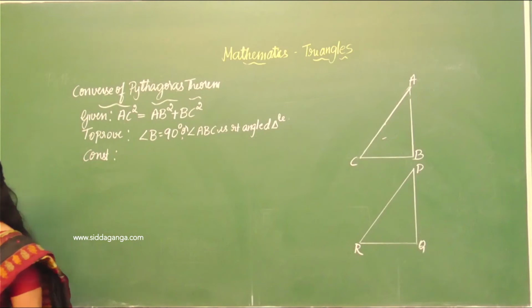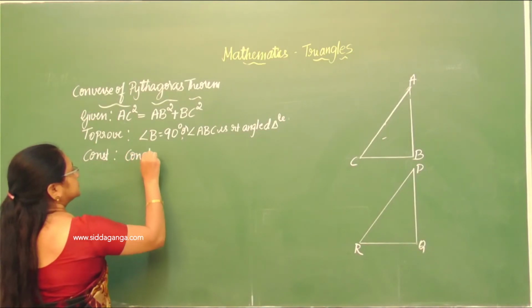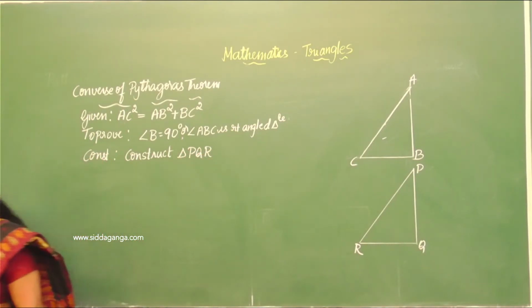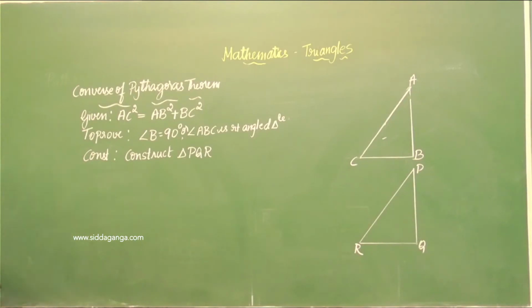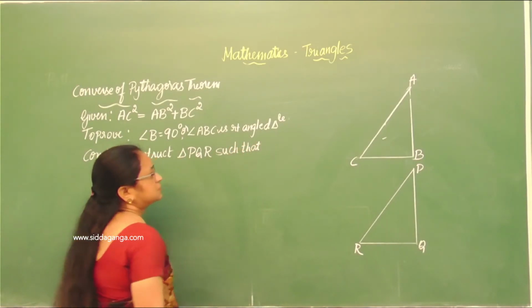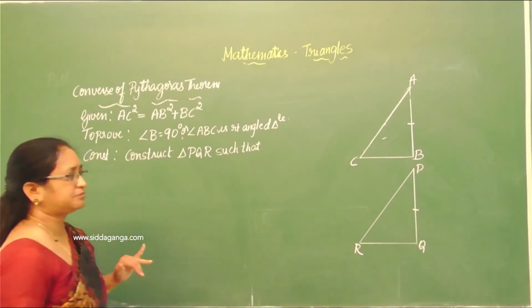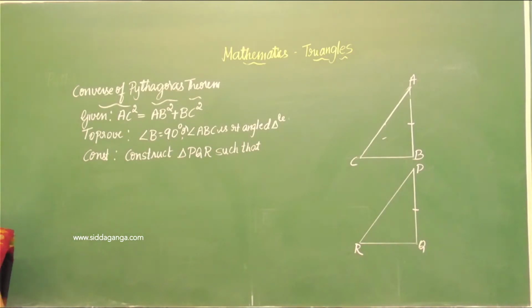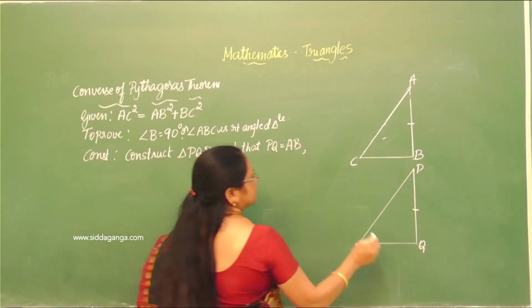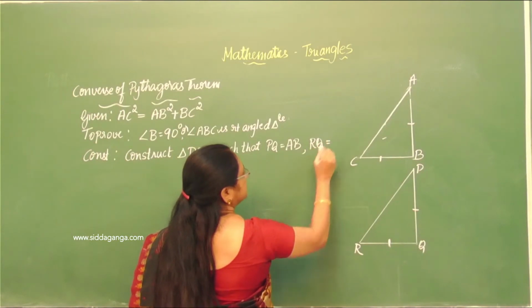So let me construct another triangle PQR such that PQ is equal to AB, and this one is equal to BC, that is QR is equal to CB.